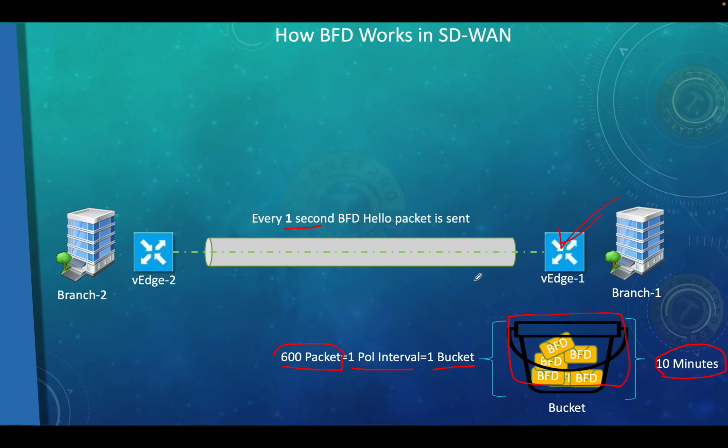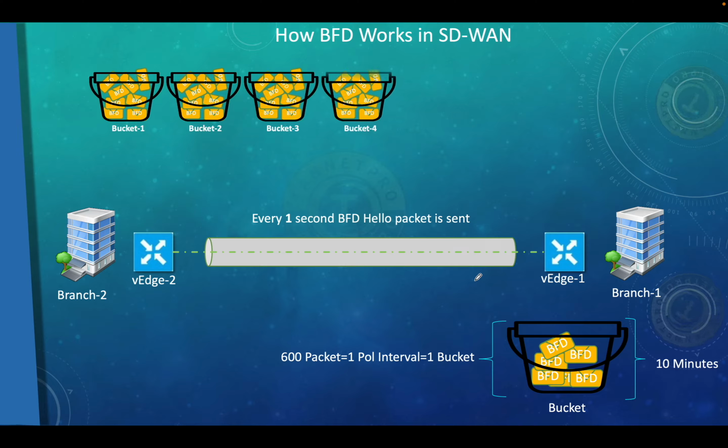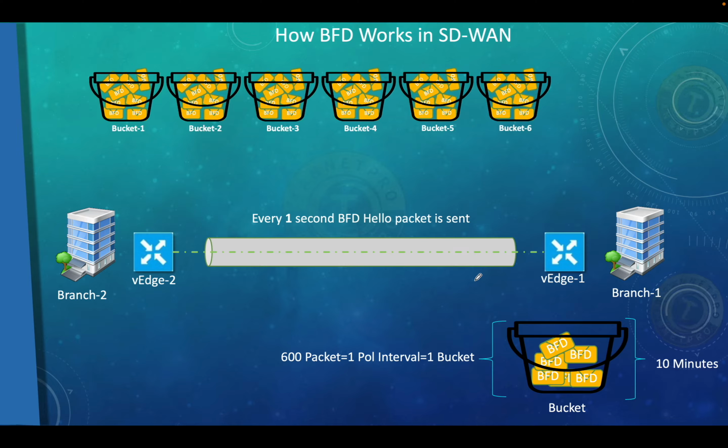In SDWAN technology, it always takes an average and works with 6 buckets. It analyzes the link with 6 buckets only. Once the 7th bucket comes in, the earliest bucket gets discarded. So it always works with the latest 6 buckets, right?